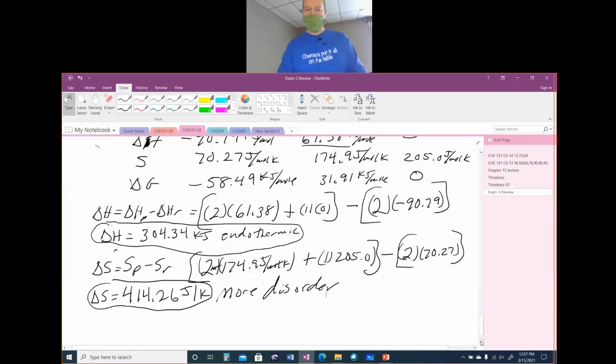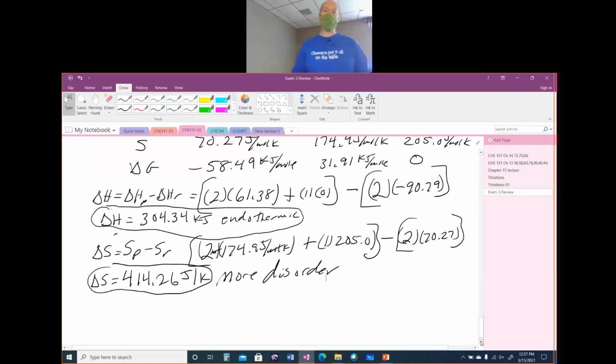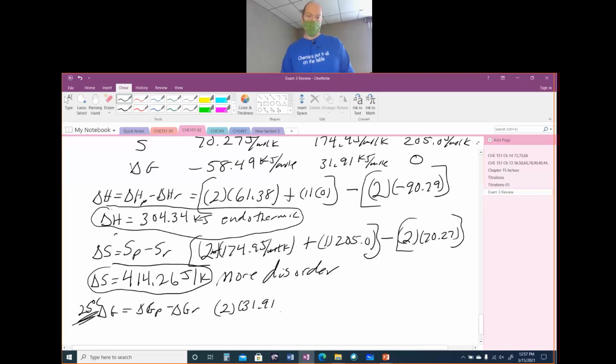All right, now the delta G. So we're at 25 degrees Celsius, so we can use the numbers off of the chart. So we can do delta G products minus delta G reactants. And so your products, you have your 2 times your 31.91, and then 0, so your products minus reactants, 2 times the negative 58.49.